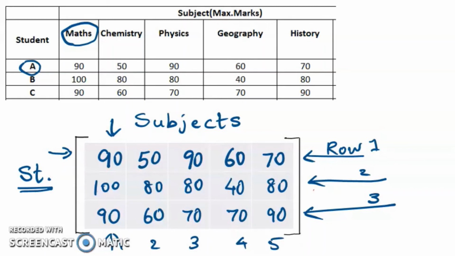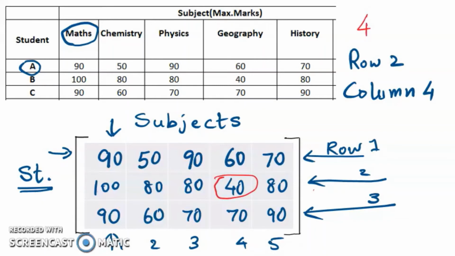If you pick an element which is in row 2 and column 4, what element would that be? Row 2 and column 4 would be our 40. So 40 is the element which we can call small a, 2 and 4.